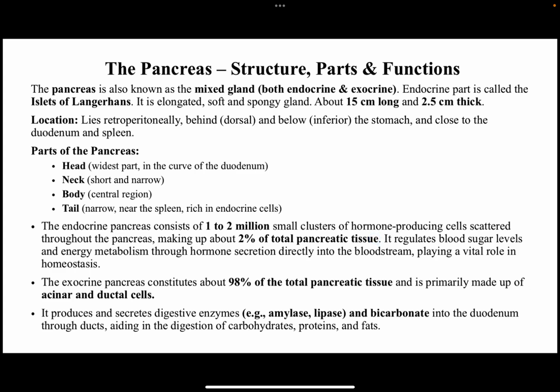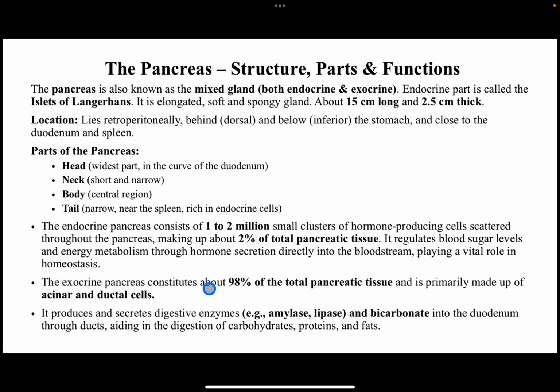If you look at the entire pancreatic tissue, the endocrine pancreas is just about 2% of it. And the endocrine pancreas regulates blood sugar levels and energy metabolism through hormone secretion directly into the bloodstream, playing a vital role in homeostasis.